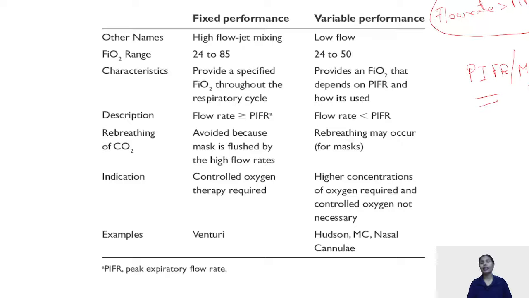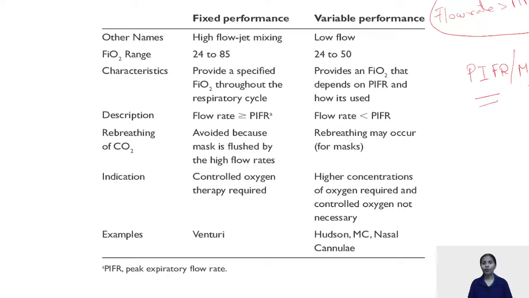Done. Indications. In indications, we use fixed performance to give us controlled oxygen therapy, which could be like your Venturi mask or even your mechanical ventilators per se. They give a fixed performance because their FiO2 is set and it is independent of the patient's characteristics, and a particular amount of FiO2 is going to be delivered to the patient irrespective of patient's characteristics.